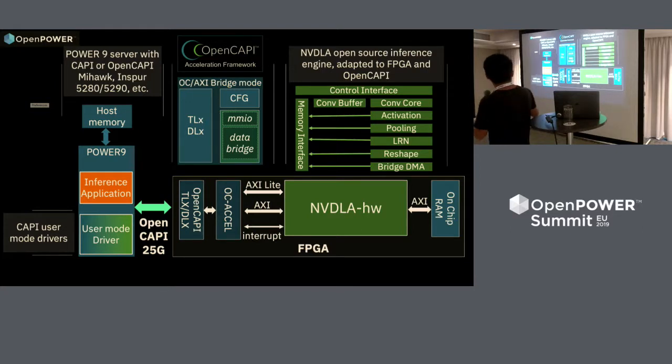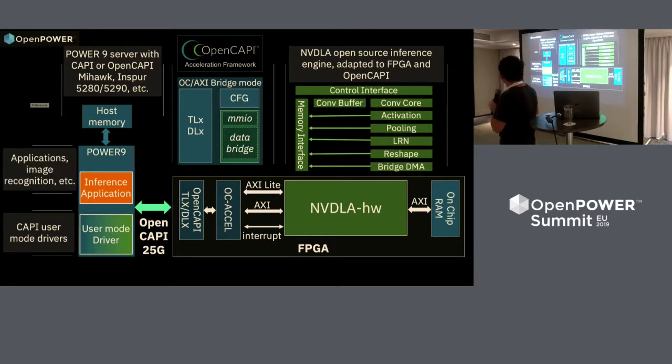So if we have OC-Accel, then for most of the existing IPs in the community, you can just connect this interface with OC-Accel, then everything is good. So you can easily use the OpenCAPI interface by this bridge.